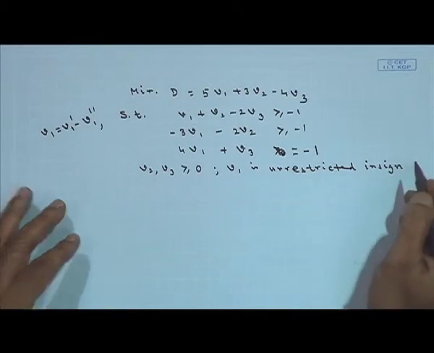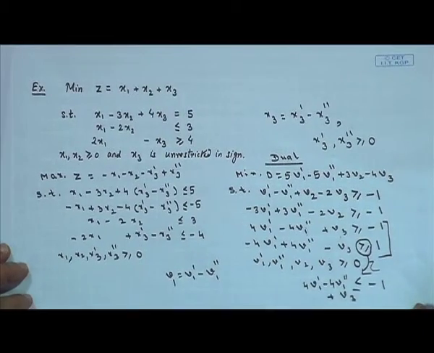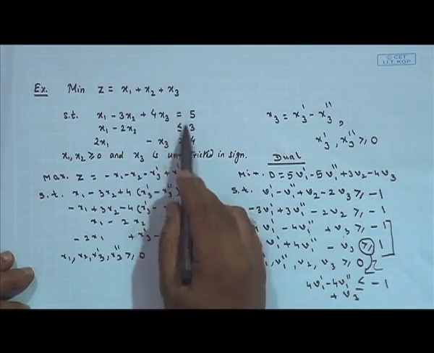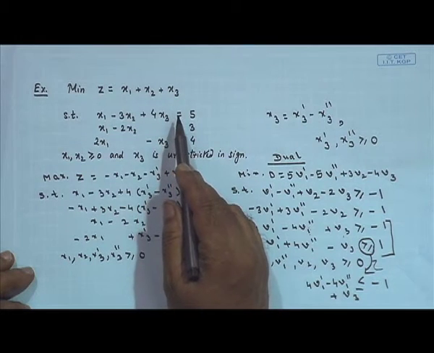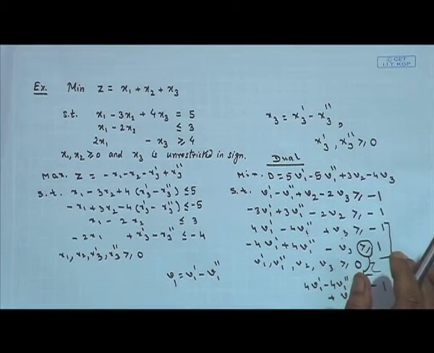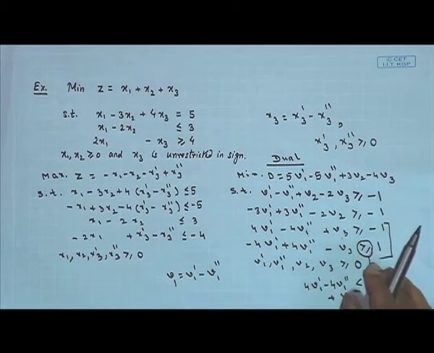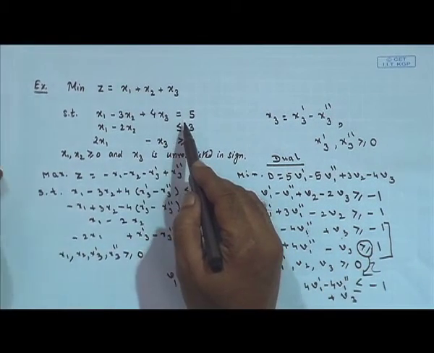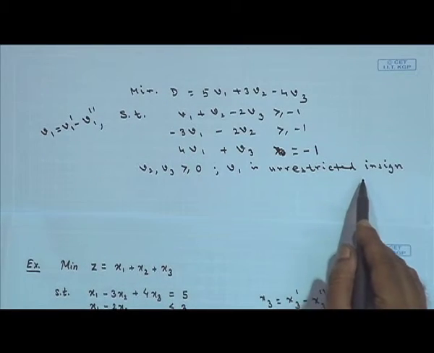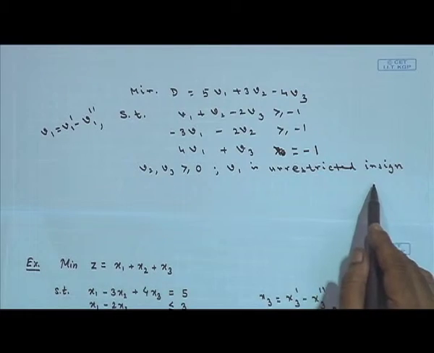So, if you remember, in the theorem we already said that if we have one equality type constraint, then in the dual one of the variables will be unrestricted in sign. Since we have only one equality type constraint, one variable is unrestricted, correspondingly.